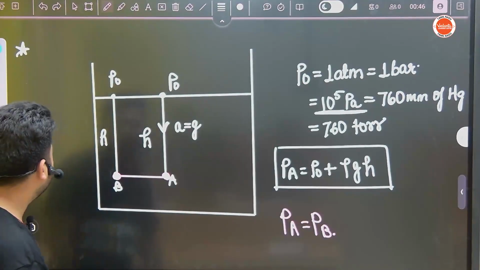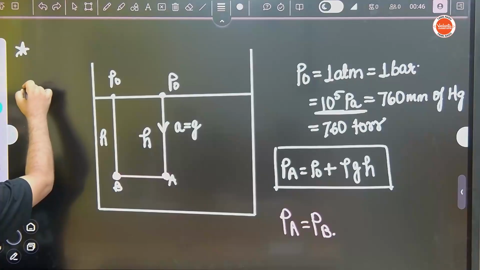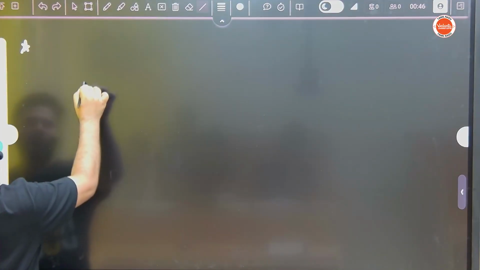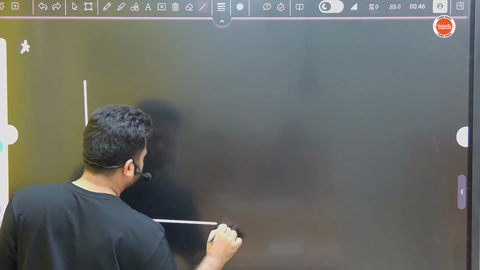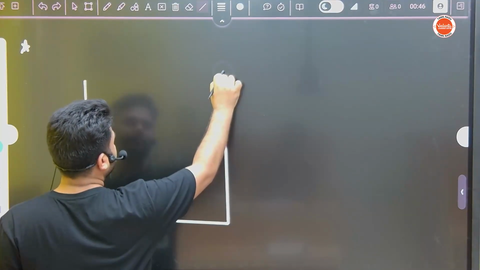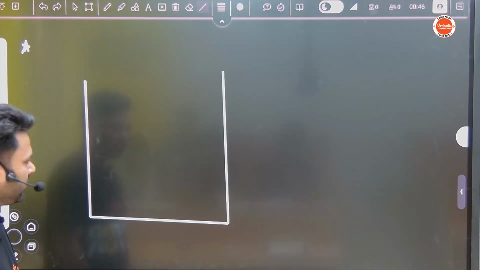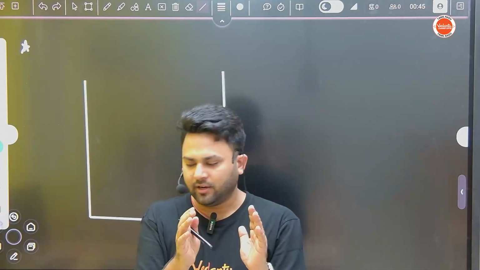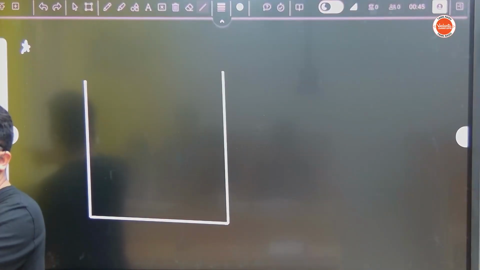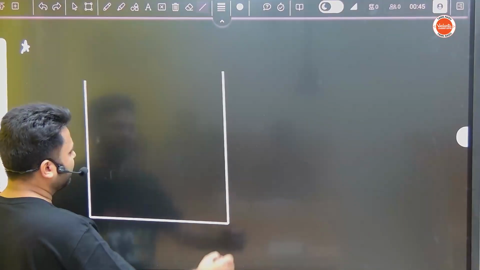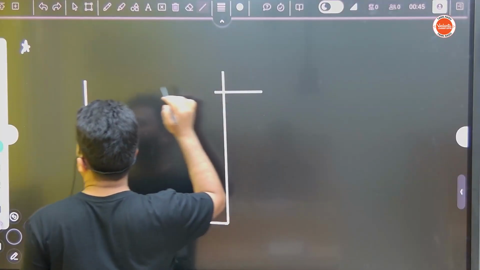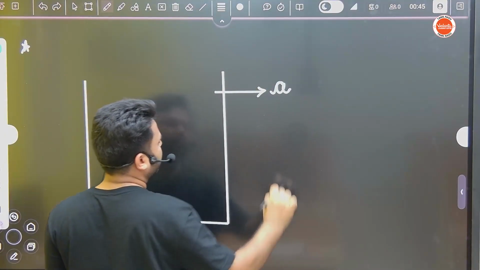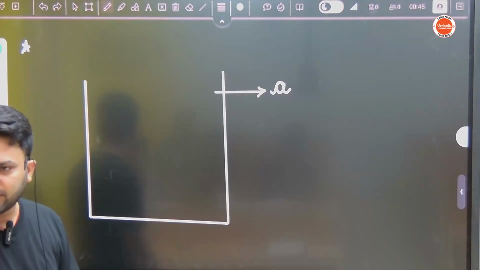Correct? But if they specially give that we are accelerating the container, or one more thing, you understand like this: suppose we are holding the container and we are running like this and we are accelerating also. This is the acceleration of the container.